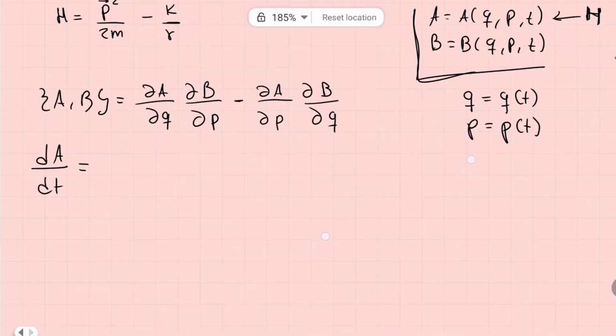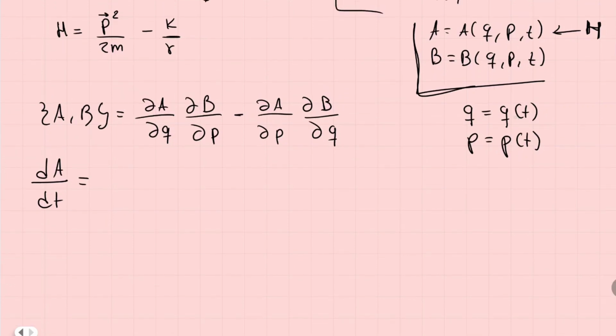Okay? So if we want to calculate the derivative with respect to time of a, we are going to use the chain rule, because q and p are also functions of time.